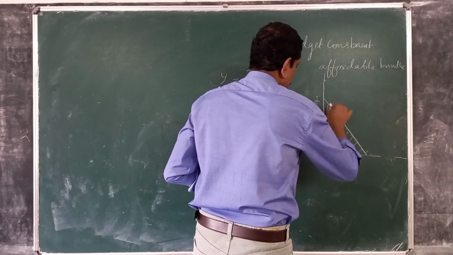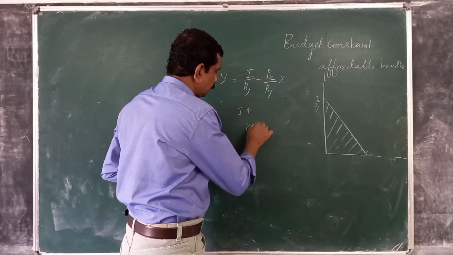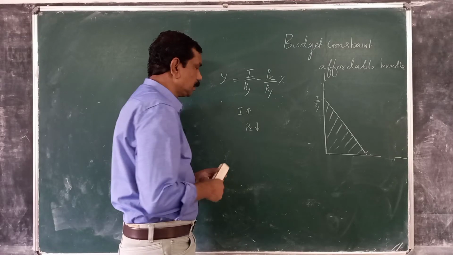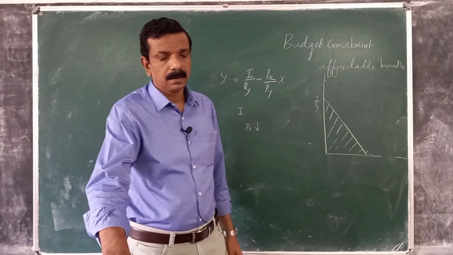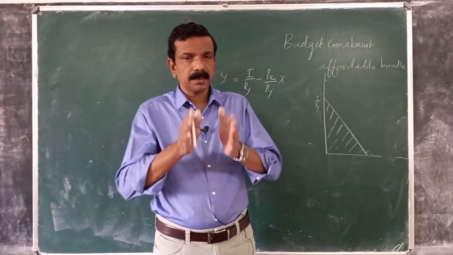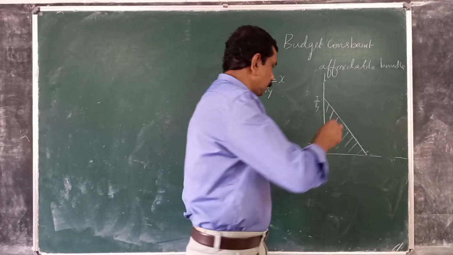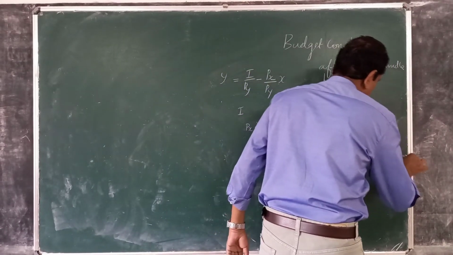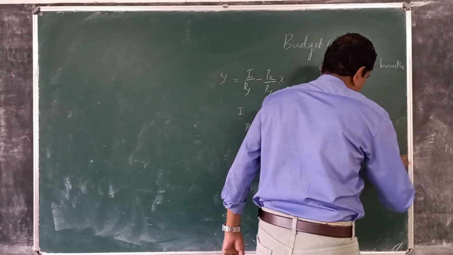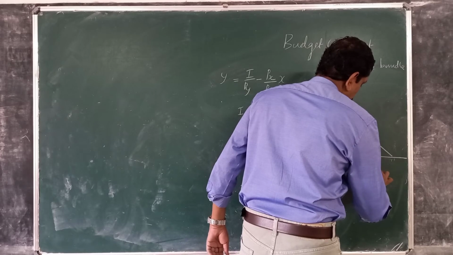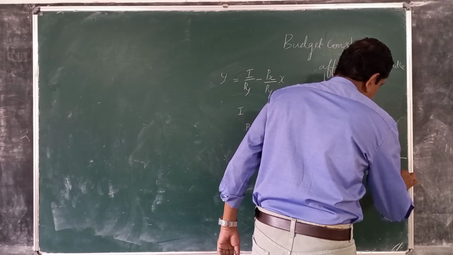We know that this is the original budget line. Suppose that Px alone decreases, income constant, Py is also constant. Now, if there is a reduction in the price of x, the y-intercept will remain the same. The budget line tilts along the x-axis like this. This is I by Px, this is I by say P dash x.